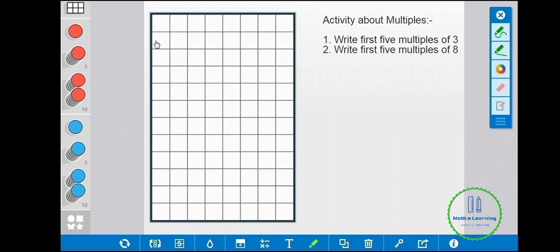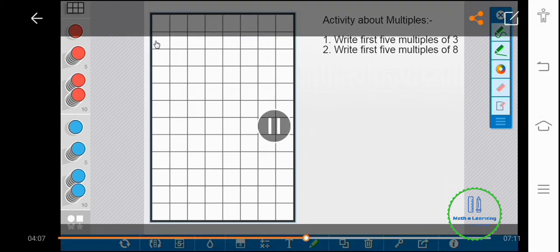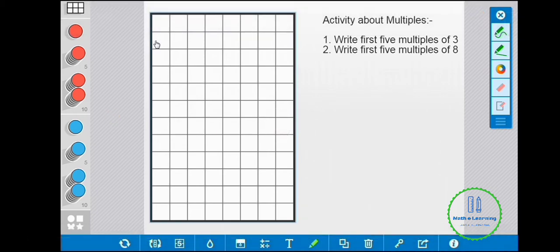Now we will look at the next example. Before that, I want to tell you that the multiples of 3 are the answers we got in every multiplication. We have done 3 ones are 3, so 3 is a multiple.